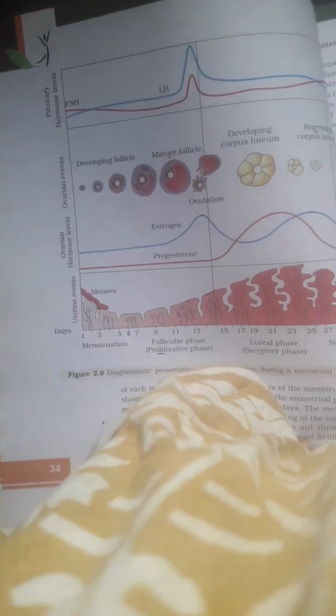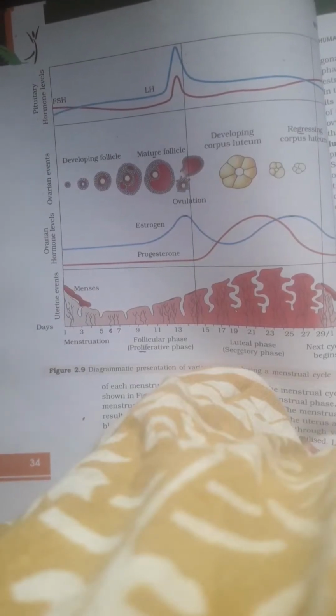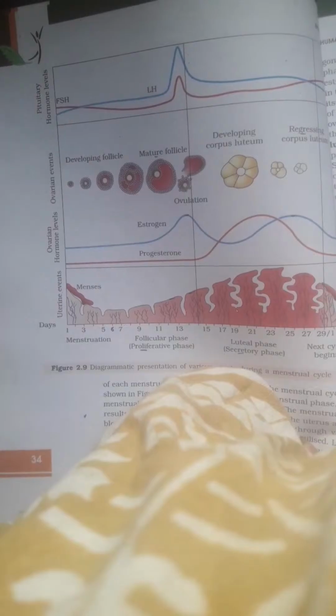Soon after the release of the ovum, the LH and FSH drop, and it goes on continuing throughout the cycle. So this was the menstrual cycle.